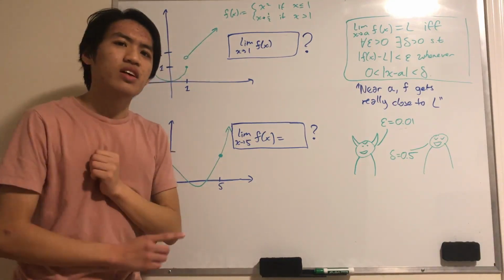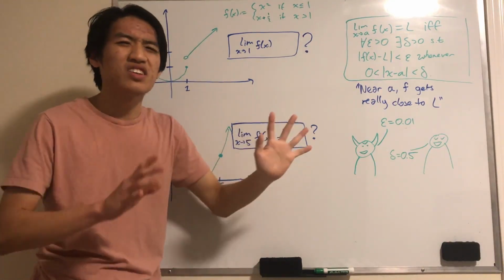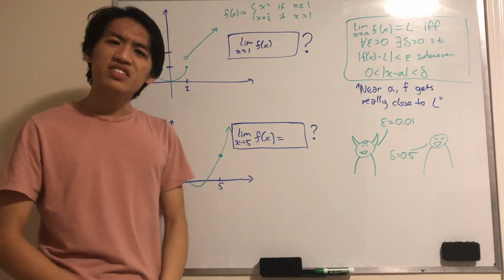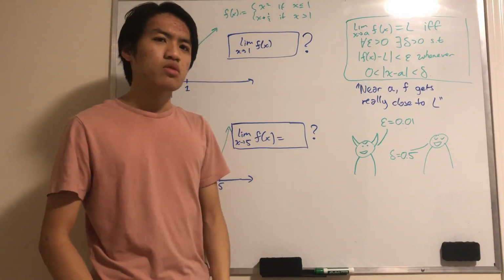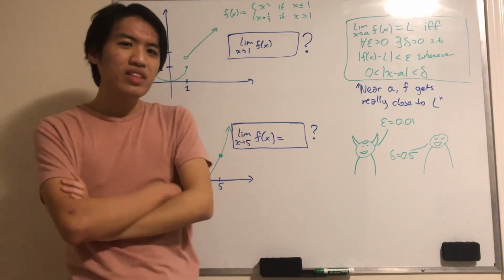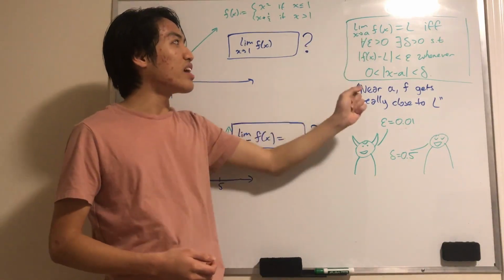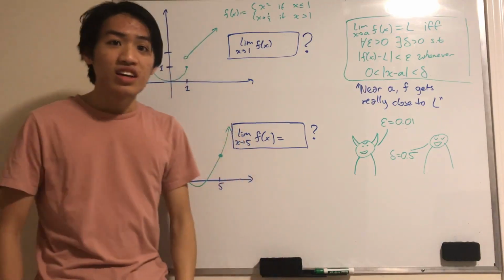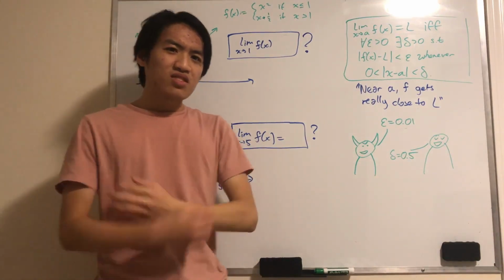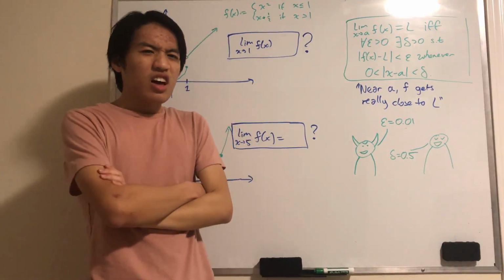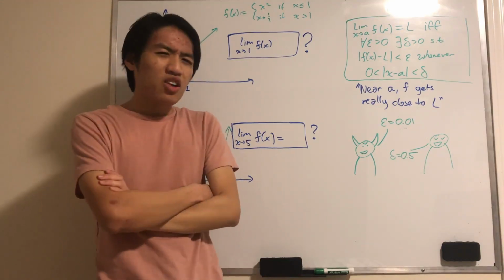Here's how I like to think about this definition with the epsilons and the deltas. Imagine there's a skeptic, and I say, okay, you know what? The limit as x goes to a of f of x is equal to L. And the skeptic looks at me and says, I don't know about that. I don't believe you.